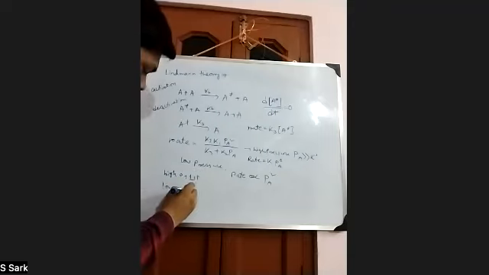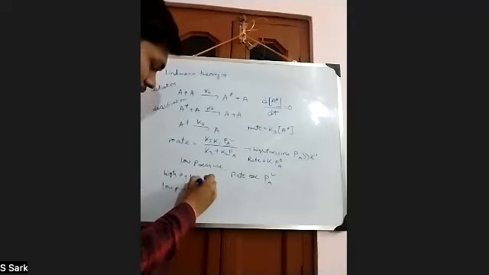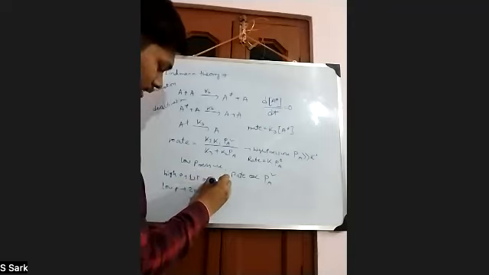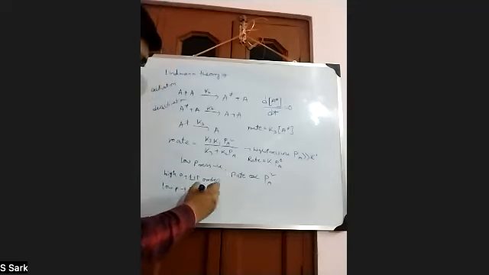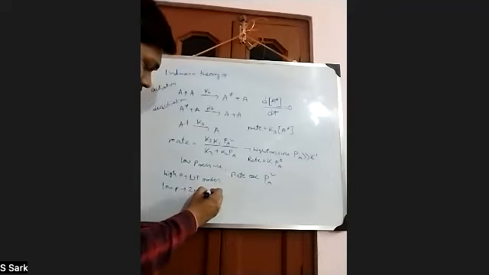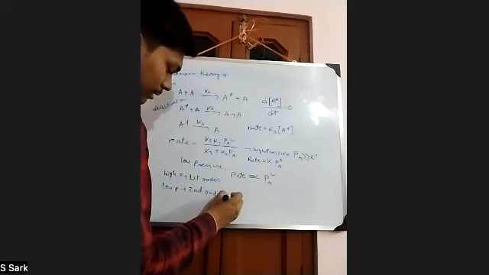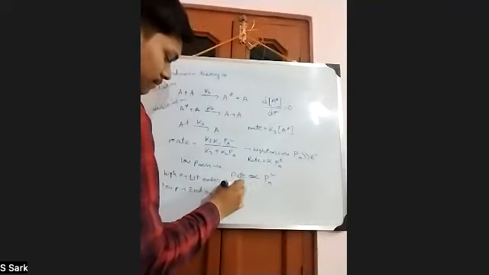So at high pressure, it behaves like a first order reaction, and at low pressure, like a second order reaction. So this is the Lindemann theory, and from it we get the idea that when a unimolecular reaction takes place, at all pressure ranges, it is not always a first order reaction.